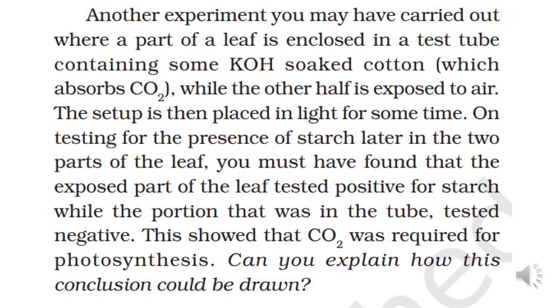Another experiment you may have carried out is where a part of a leaf is enclosed in a test tube containing some potassium hydroxide soaked cotton, which absorbs carbon dioxide, while the other half is exposed to air. The setup is then placed in light for some time.